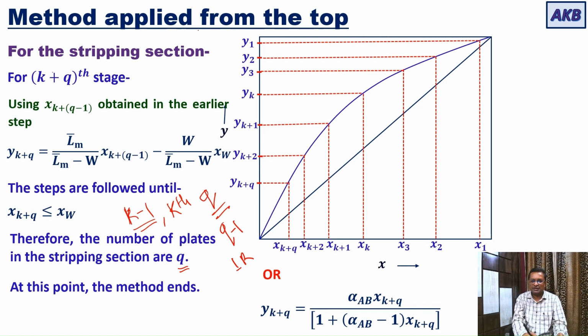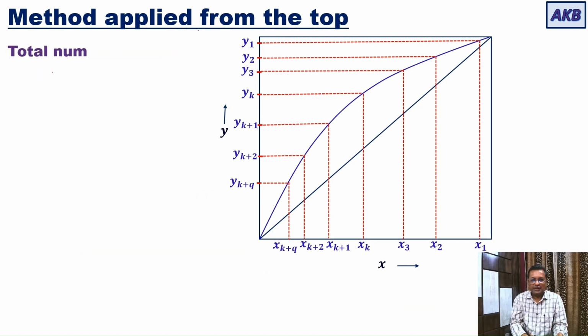So at this point, your method will end and you will know the number of ideal stages in the tray column. The total number of stages is k plus q.